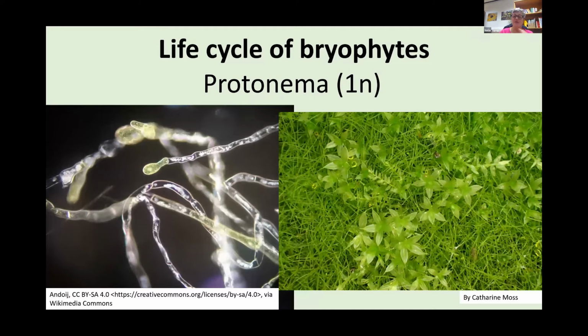When the spores fall onto suitable substrate, they germinate and create long filaments, if it's a moss. These filaments are called protonema, which I think is Greek for first thread, because mosses create these tiny long threads. From the threads, you then get these buds.